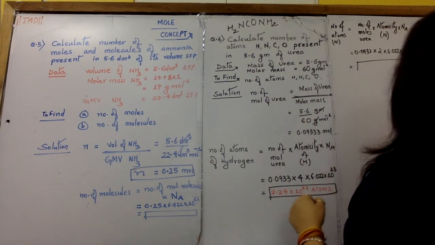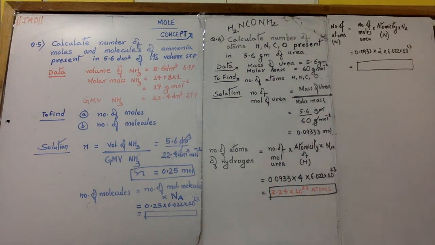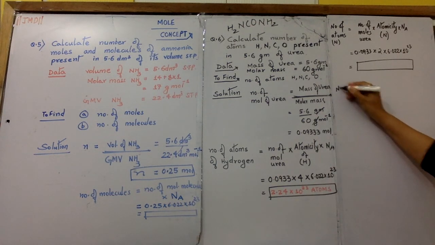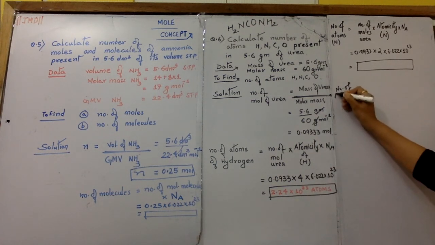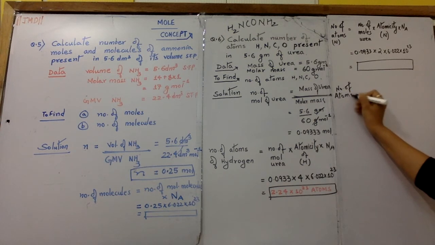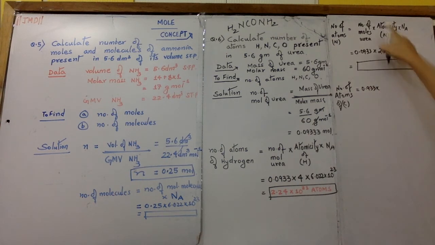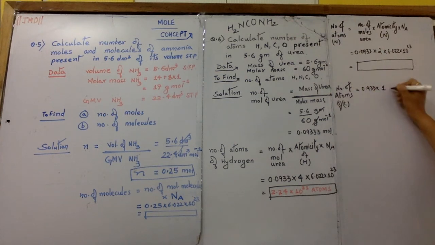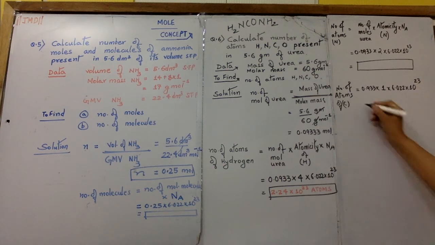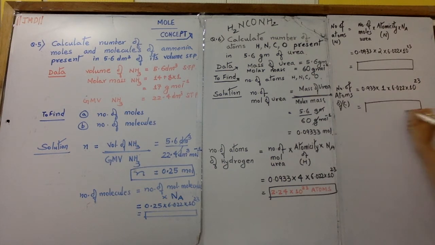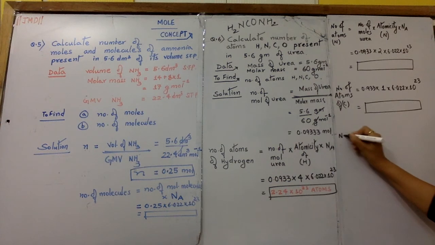Find the answer on your own. Similarly, number of atoms of carbon is equal to 0.0933 into the atomicity of carbon, how much? 1 into 6.022 into 10 raised to 23. You can find the answer.